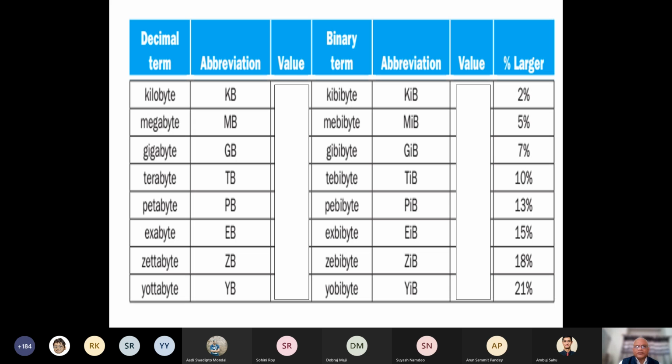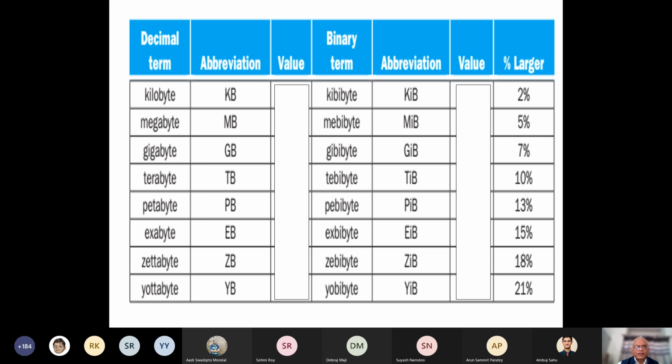He was a BTech final year student actually, and he asked me how much is a gigabyte. So anyway, you are better off than him. And so this is base 10: 3, 6, 9, 12, 15, 18, 21, 24.